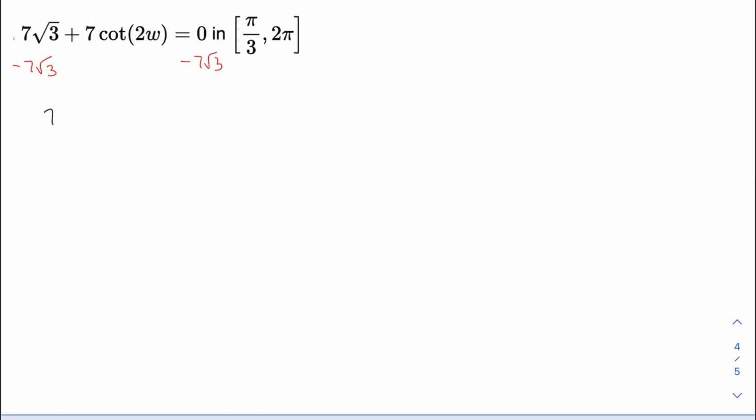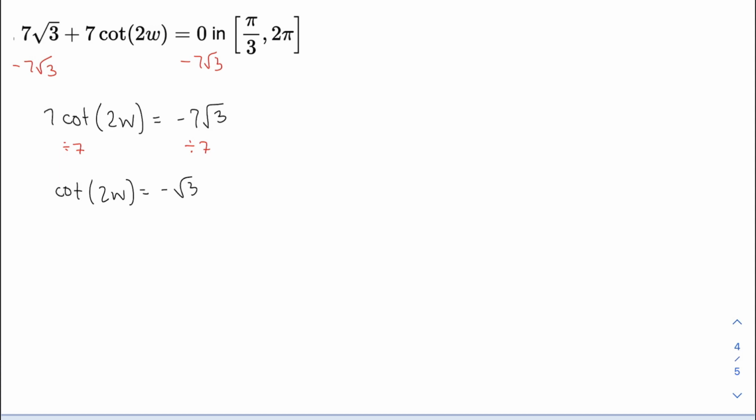So now I have 7 cotangent of 2w equals -7 radical 3. Then I'll divide both sides by 7, and I will be left with cotangent of 2w equals negative radical 3.